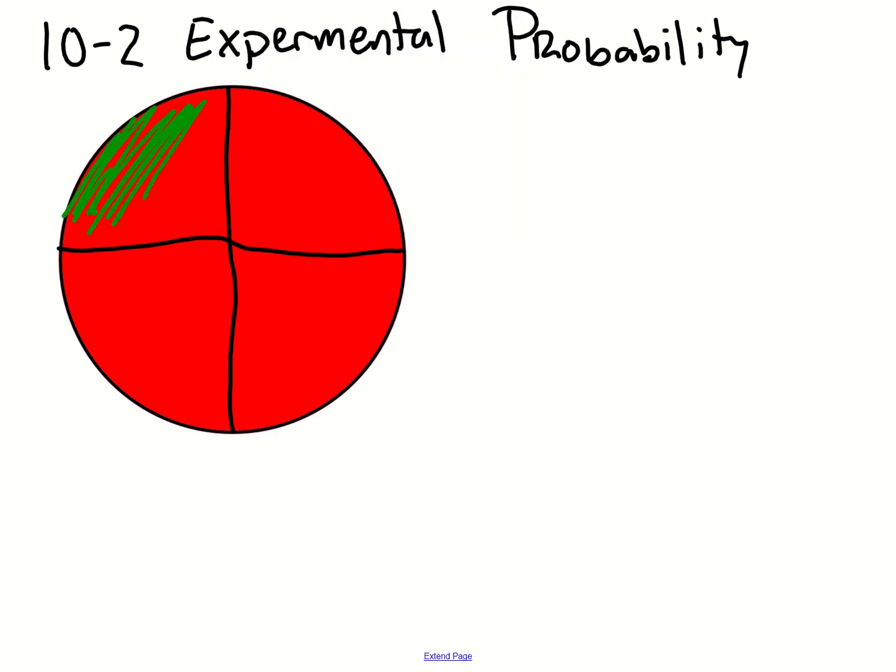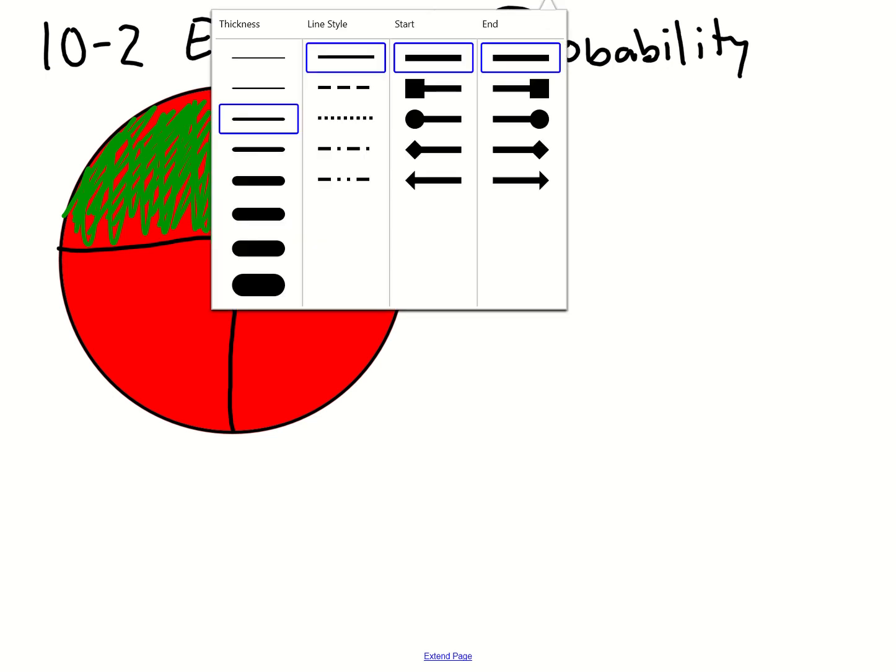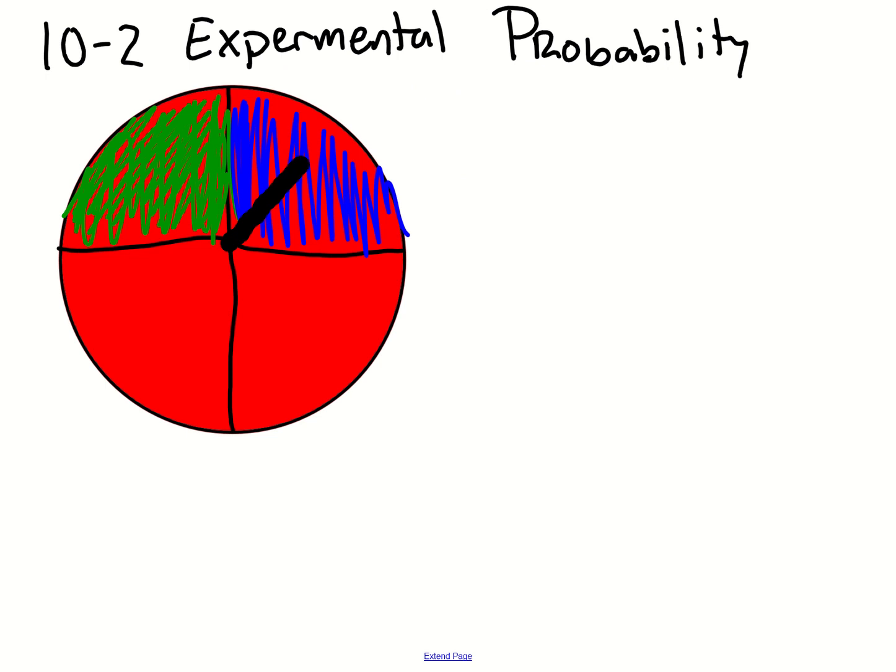I've got a green section. Pretend that there's not a red background on there. I've got a blue section, and I've got 2 red sections. And so then on here, I've got my spinner. There's my spinner.